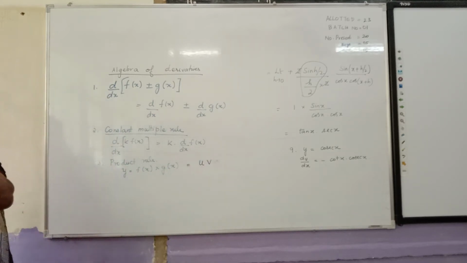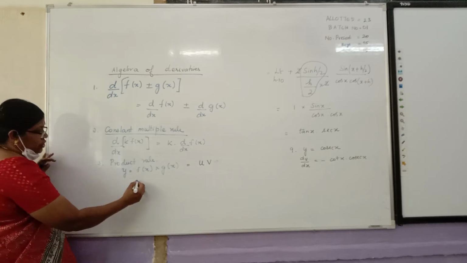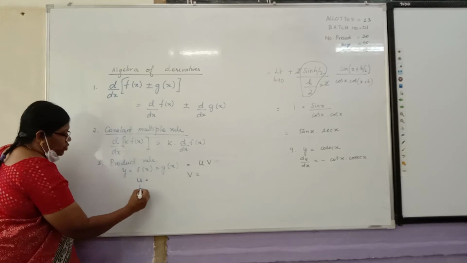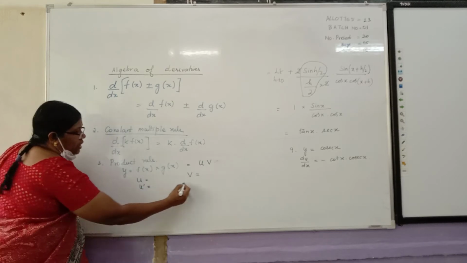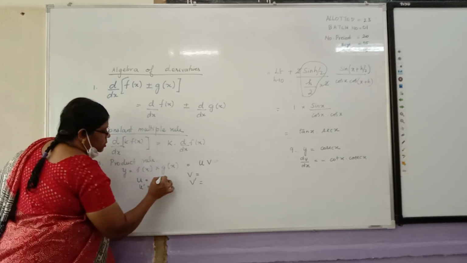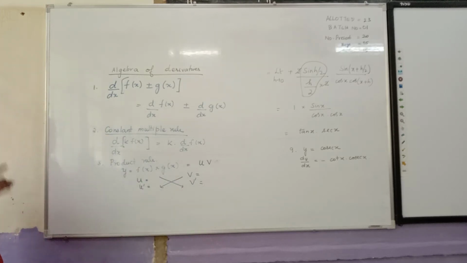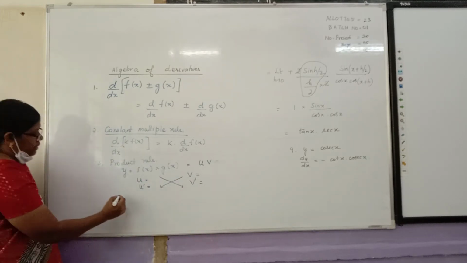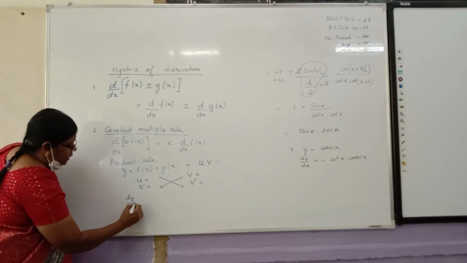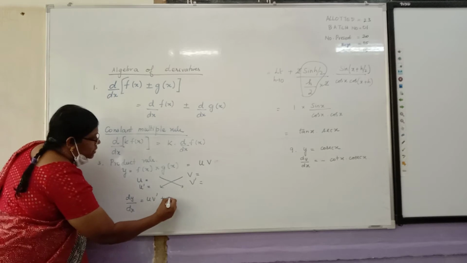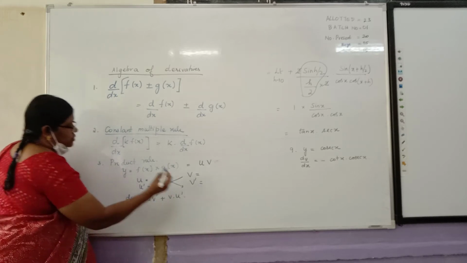Easy for you to remember. You write u here and write v here. Your u dash and v dash, just cross multiply for product, and write your dy by dx is u into v dash plus v into u dash.